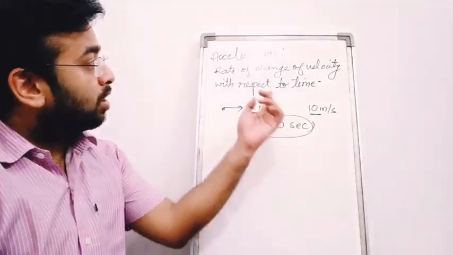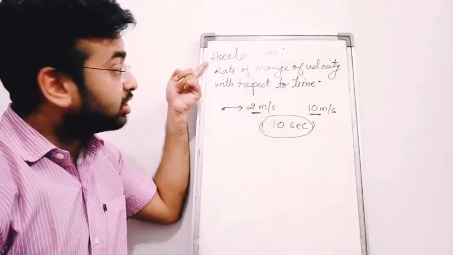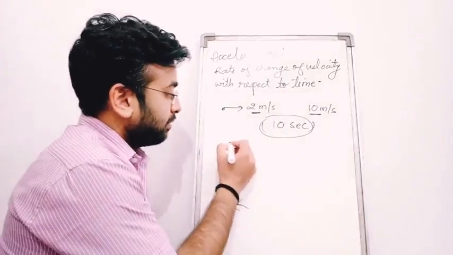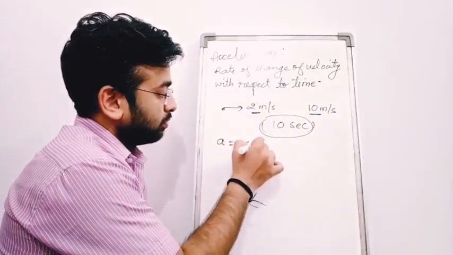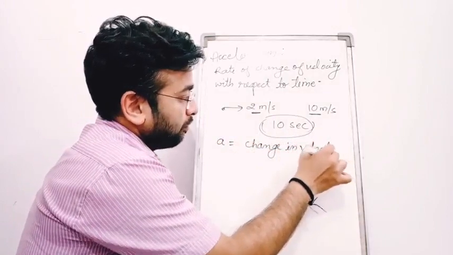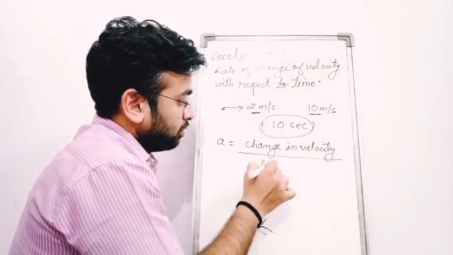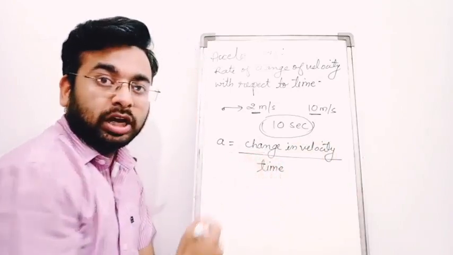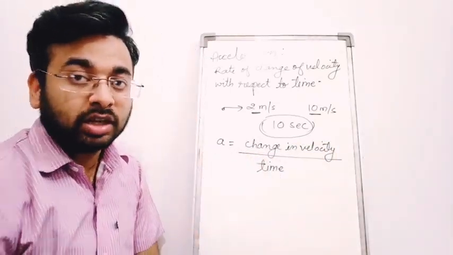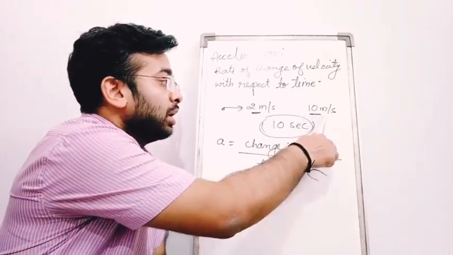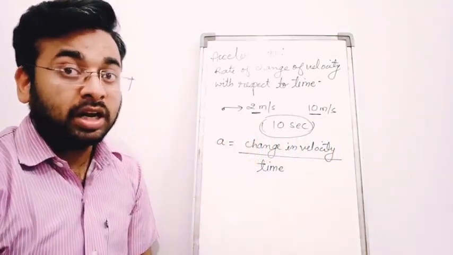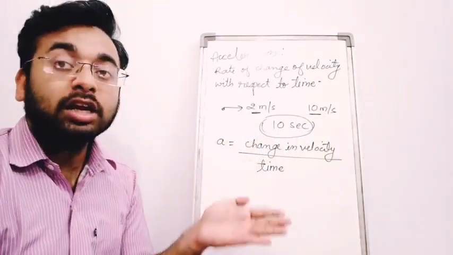So how to find the acceleration? It is rate of change of velocity. Acceleration is change in velocity with respect to time. Now how much change in the velocity has taken place? Final velocity 10 meters per second, initial velocity 2 meters per second, and the change here is 8 meters per second.